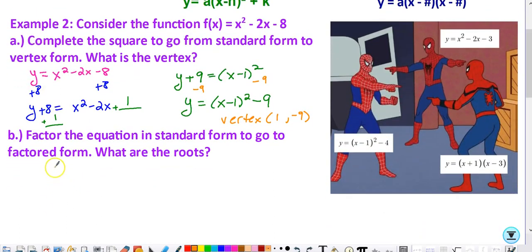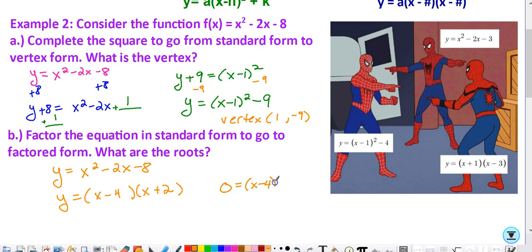After the equation, what multiplies to -8 that adds to -2? Okay, there's factored form. What are the roots? The roots are when the factors equal 0.